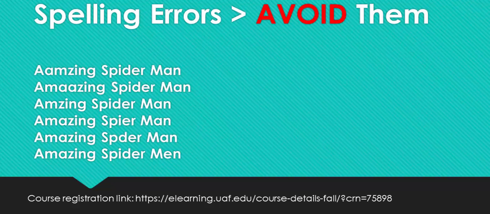It's not very smart. It's fast, it's powerful, but it's not smart. People can look at things and say, oh, well, that misspelling, that's supposed to be Amazing Spider-Man. I can tell, so I'll just include that in my search. But Access doesn't know that. It can only search by the exact thing that you give it. And if you give it Amazing Spider-Man, it's not going to find those records that don't match. Just keep that in mind.